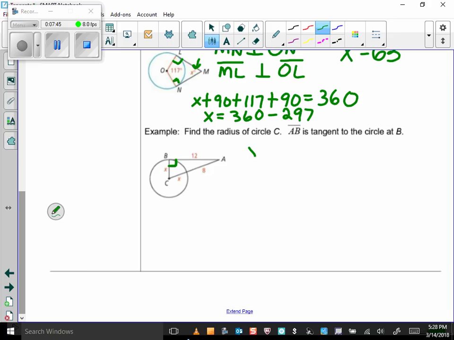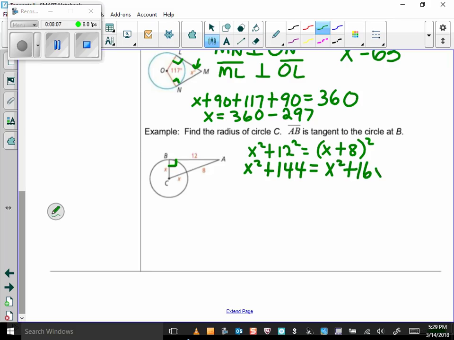And that tells us that x squared plus 12 squared equals, the hypotenuse is x plus 8. And of course, we have to square that if we're using the Pythagorean theorem. Okay, we're going to need to FOIL out the right side. So we've got x squared plus 144 equals x squared plus 16x plus 64.